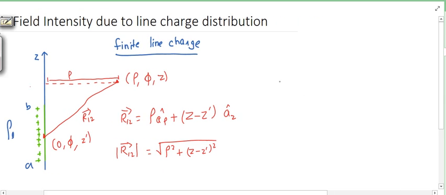This is required in the formula for electric field, which I told you in the previous class. Suppose this is a small unit of charge, line charge. Due to this there will be an electric field dE, and from the formula it will be 1 by 4 pi epsilon naught. And what is the charge?